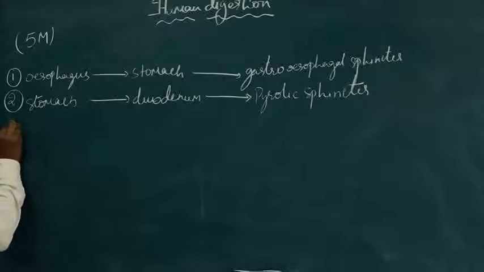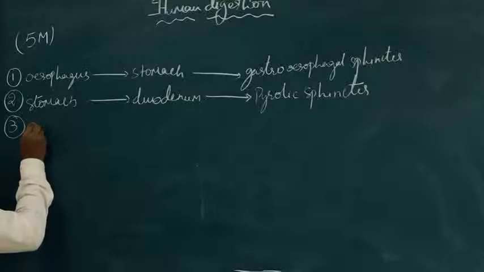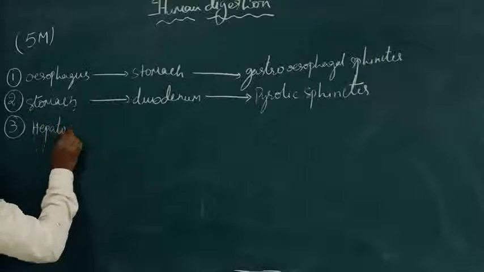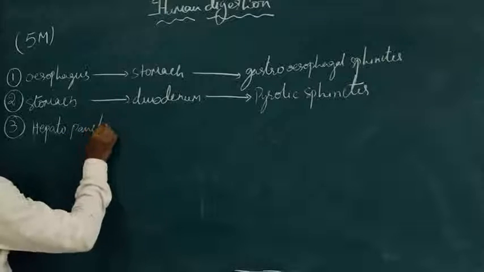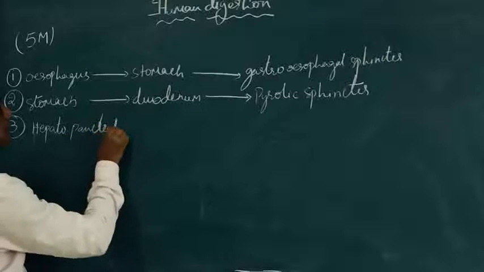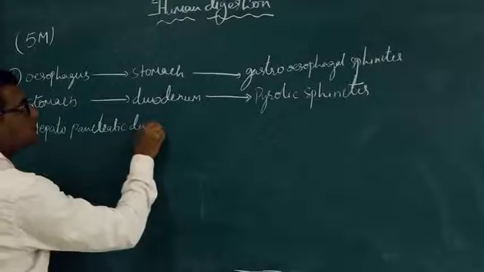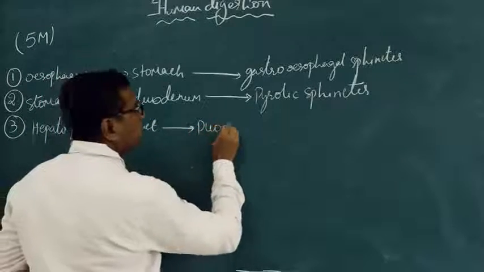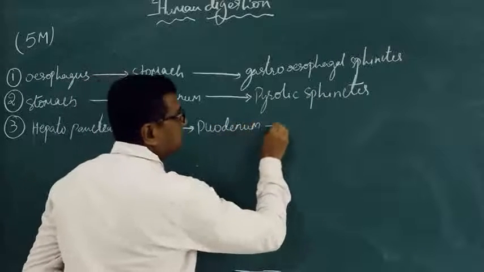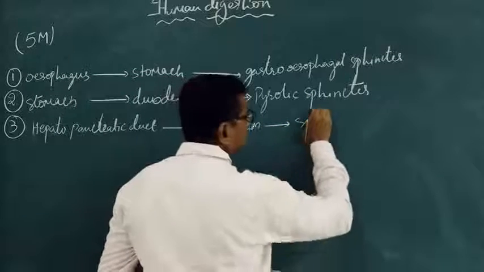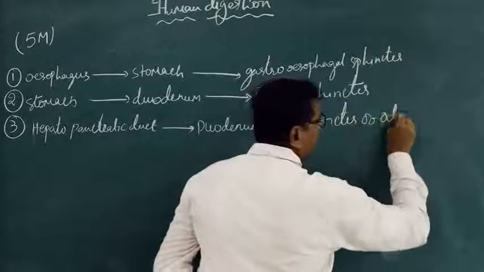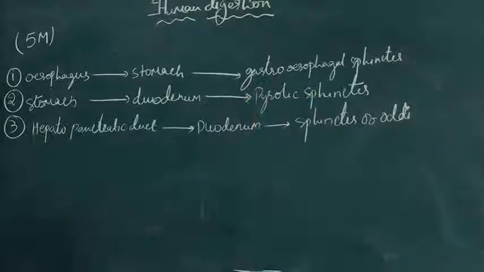The third sphincter is present at the pancreatic duct and duodenum, that is called the sphincter of Oddi.